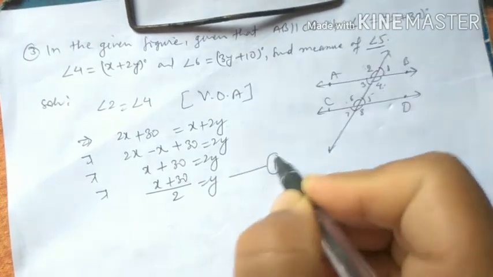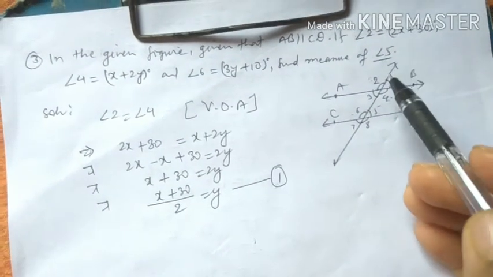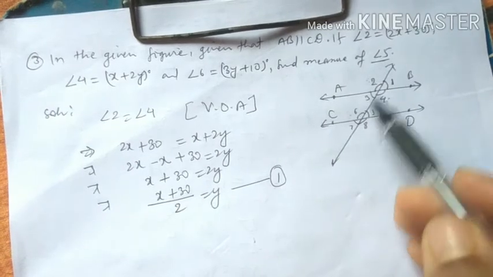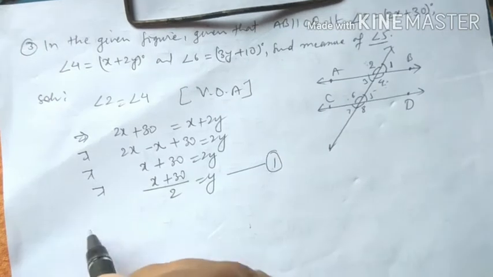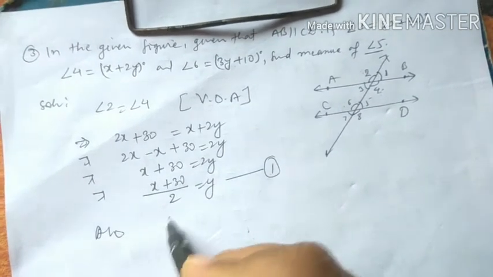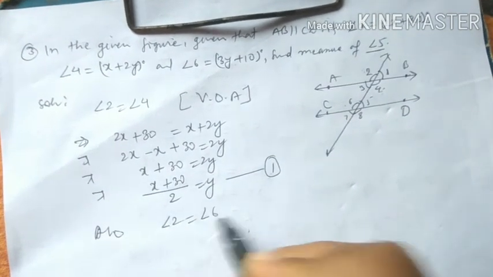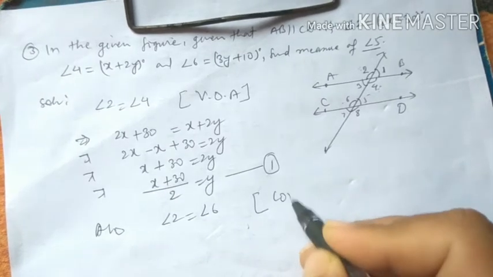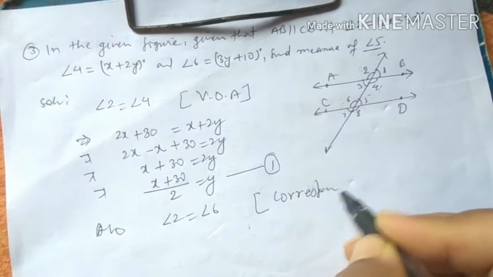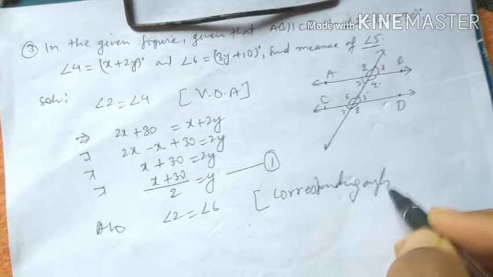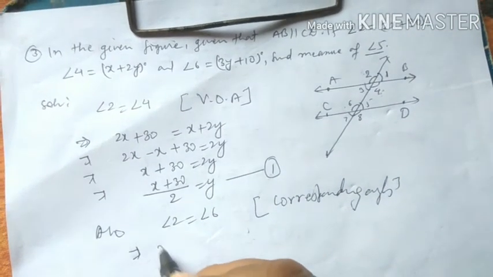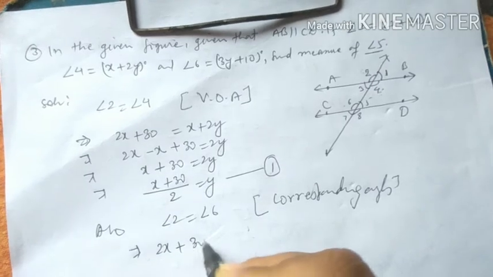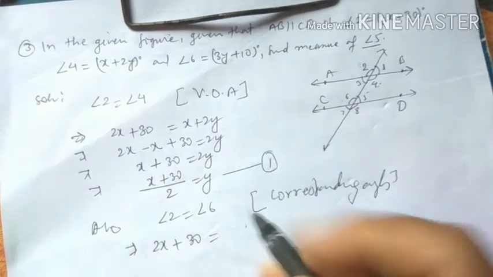It is equation 1. Now angle 2 and 6 are corresponding angles, so 2 must be equal to 6. Also angle 2 equals angle 6, the reason is corresponding angles. The value of 2 is 2x plus 30, and the value of 6 is 3y plus 10.